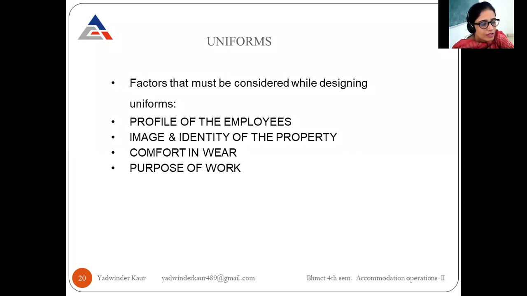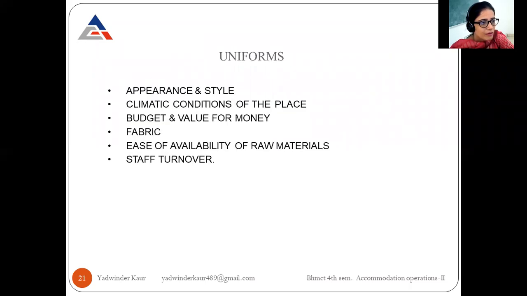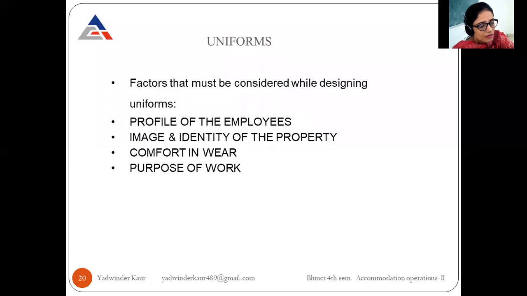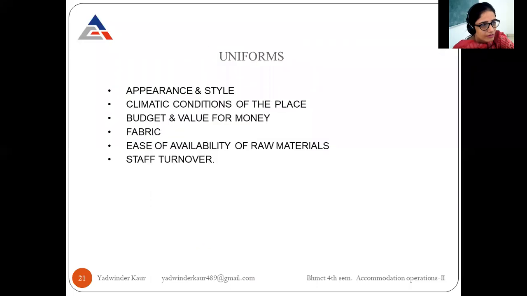We have to think about comfort in work and purpose of work, so we can design the uniforms according to the purpose of work and comfort in wear. We have to make sure of that, right? Because employees wear uniforms on a daily basis, they should be comfortable, right?